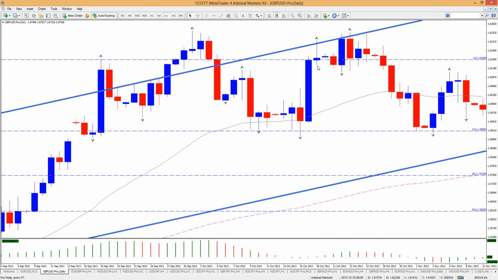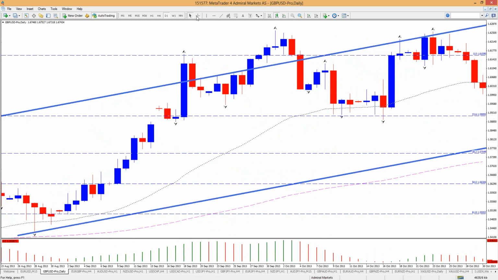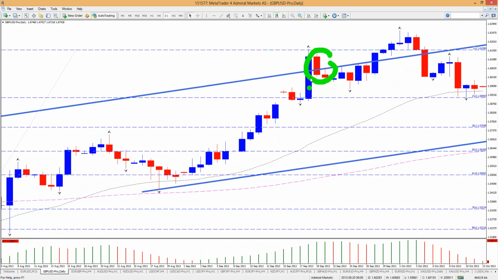Let's take a look. This is a big candle and a very small wick. What is that wick? 16 pips. Wick here, 5. Here, of course, is a big retracement, so I'm not going to look at that.